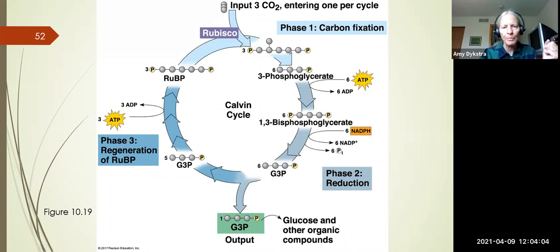So you could also represent the Calvin cycle by putting in 6 carbon dioxides that are going to combine with 6 RuBPs, and that would generate 12 G3Ps, and then 2 out of those 12 could combine to make 1 glucose, and 10 out of the 12 would be regenerated to make RuBP.